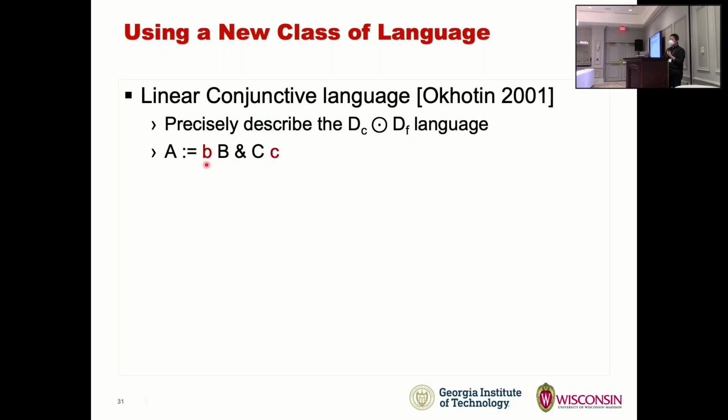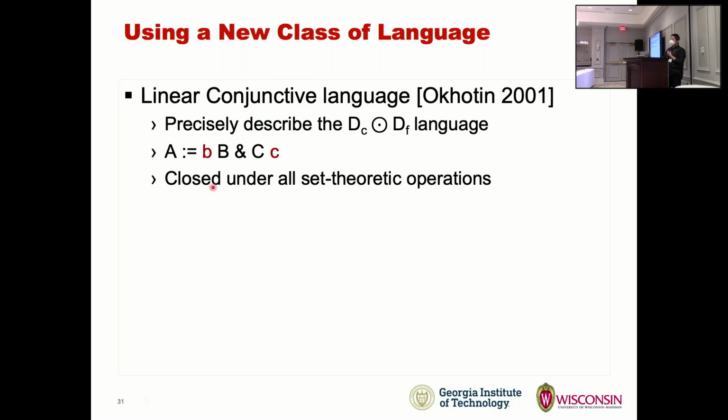The first constraint is that the underlying string has to begin with terminal b, and the remaining part should be derived from another non-terminal big B. And at the same time, the last character should be small letter c, and the remaining part should be derived from its non-terminal C.